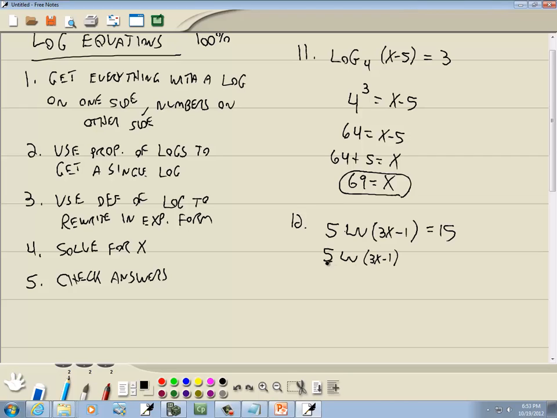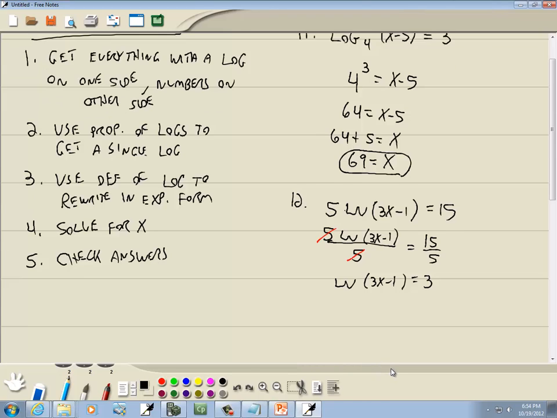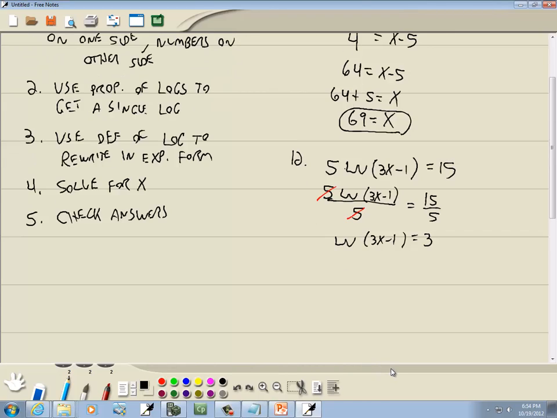So if you can use basic algebra to get the log by itself, go ahead and do that. Now those 5's going to cancel, and we got natural log of 3x minus 1 equals 3. And now we got a single log. Step 2, wait a minute, that was step 2.